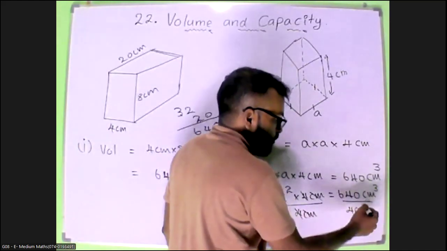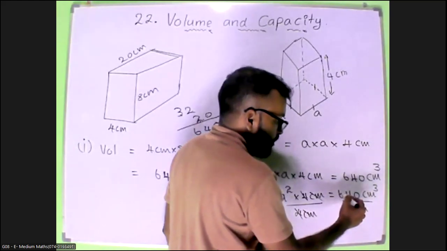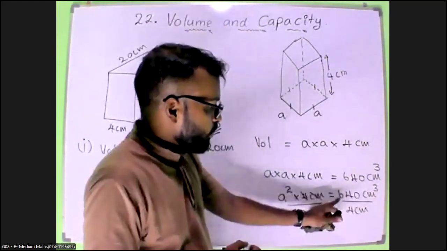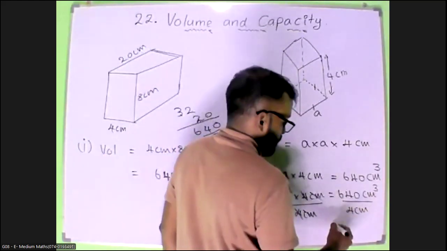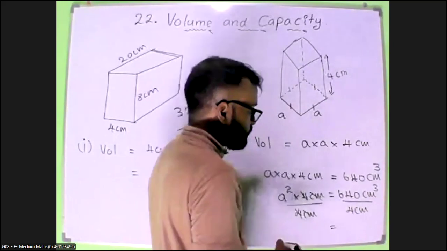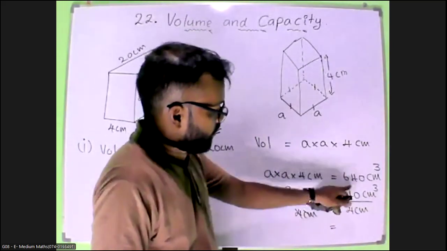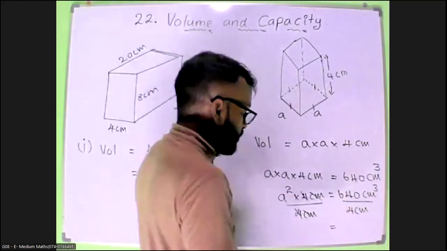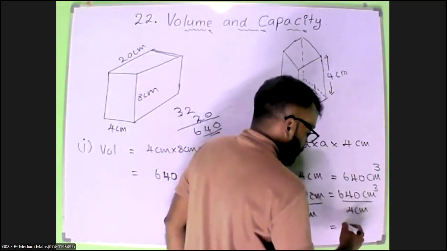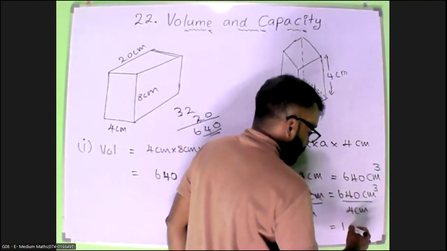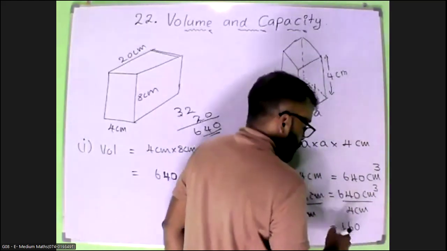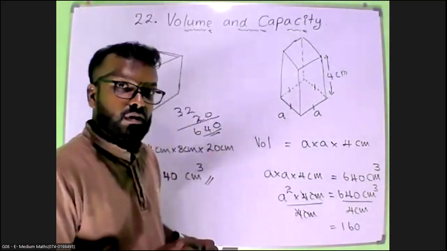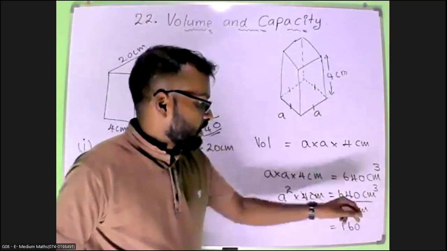Here you have 640 and you have to divide it by 4. So how do you divide? 4 times 16, right? 160.